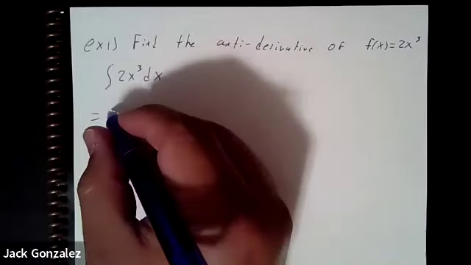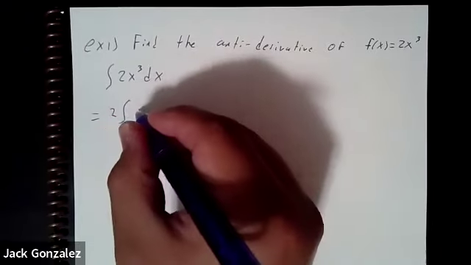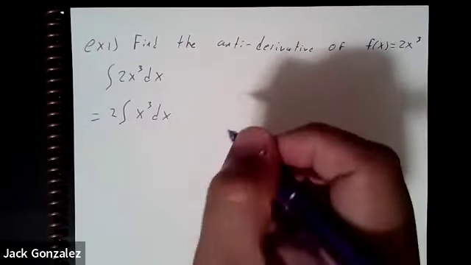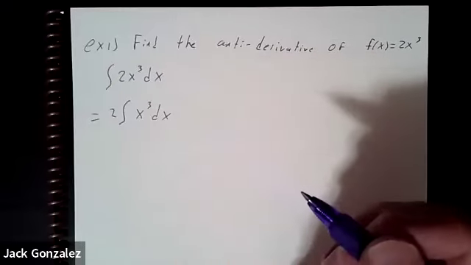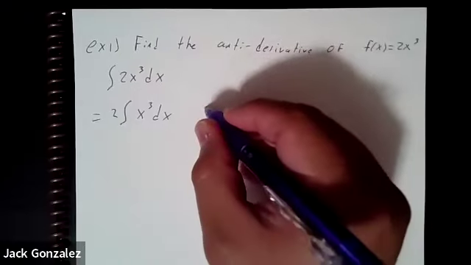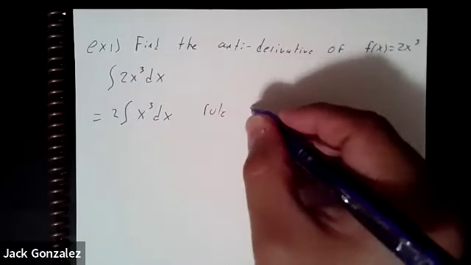Pull out the 2, and you keep writing the symbol until you actually take the antiderivative, kind of like when we do limits. So I believe that was rule 3, right?